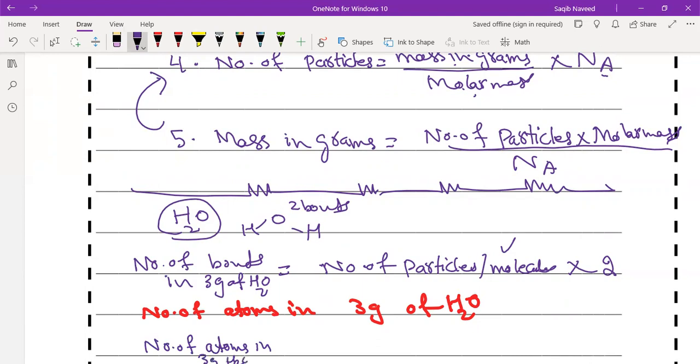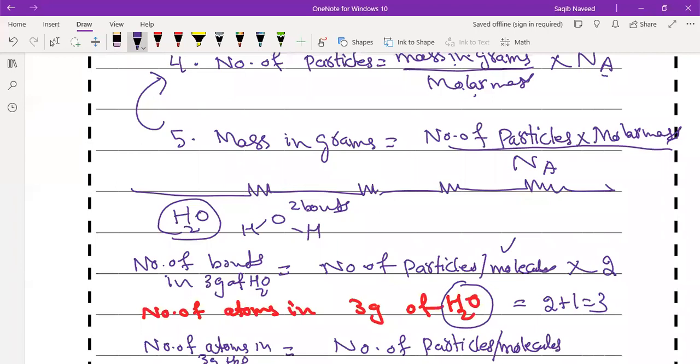First of all, you need to know how many atoms are in one water molecule. That is, two atoms of hydrogen and one of oxygen becoming three. So you will be multiplying number of particles, or instead, in case of water specifically you should write number of molecules, not the particle, multiply by 3 factor.